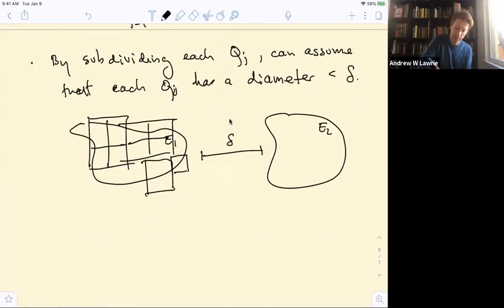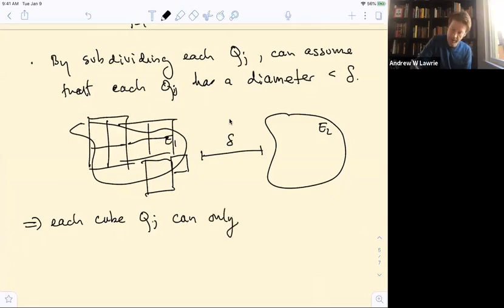So each cube Q_j can only intersect E1 or E2, not both.